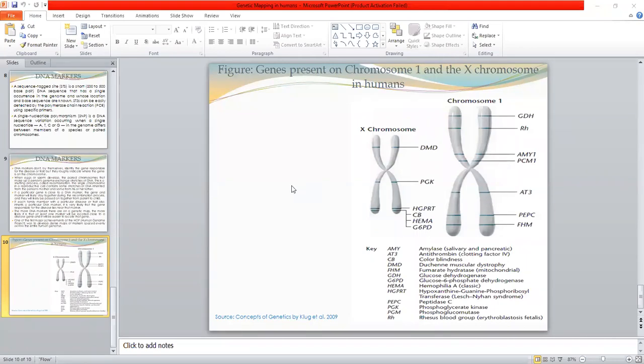So with the help of genetic mapping, different genes located on different chromosomes in human beings are identified. The genetic mapping technique has greatly helped in the identification of various genes associated with disease susceptibility or traits of interest.